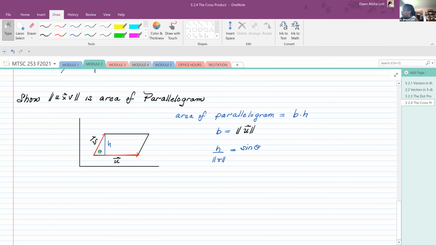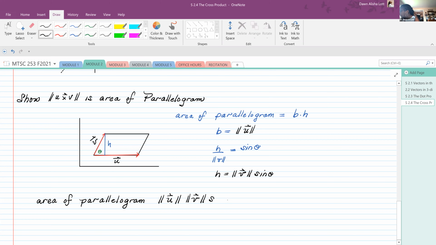So therefore H is the length of V times the sine of theta. So therefore, the area of the parallelogram, which is base times height, is the base, the length of U, times the height, which is the length of V, times the sine of theta.